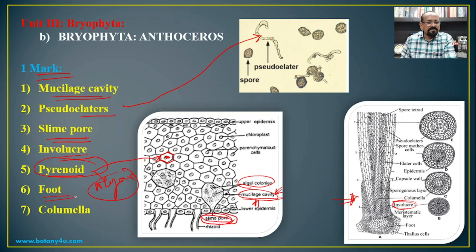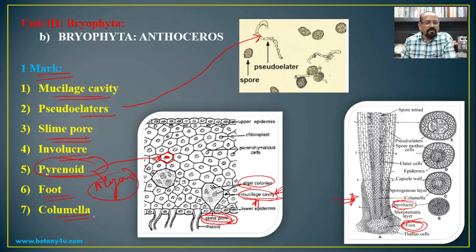Then foot is a part through which this sporophyte is attached to the thallus and is involved in the absorption of the food material during the development of the sporophyte from the thallus.